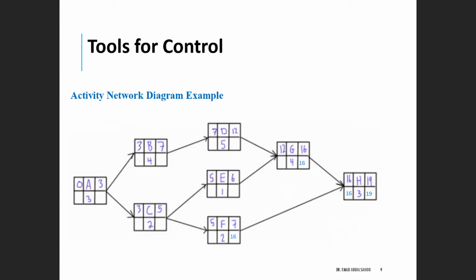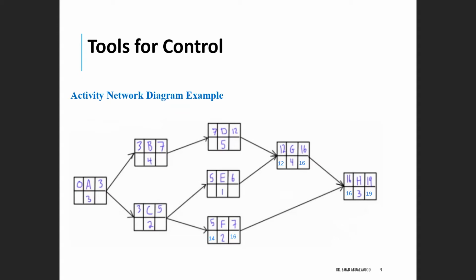Now we subtract 16 minus 4, and we will get 12. So we'll type 12 here. And we will subtract 16 minus 2 here, and it will lead us to 14. So now we completed G and F.